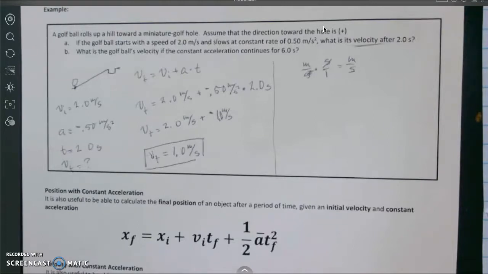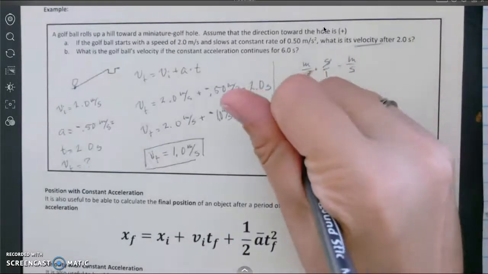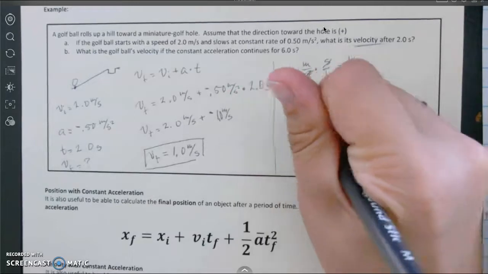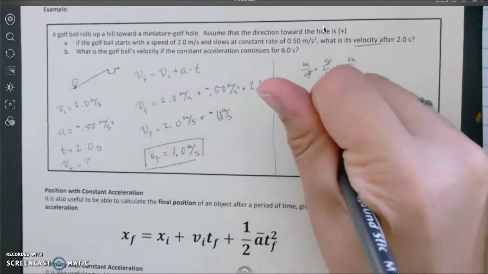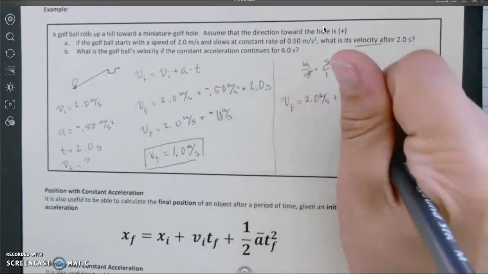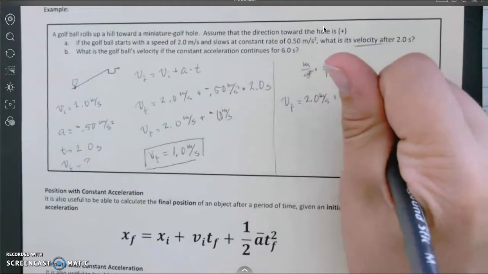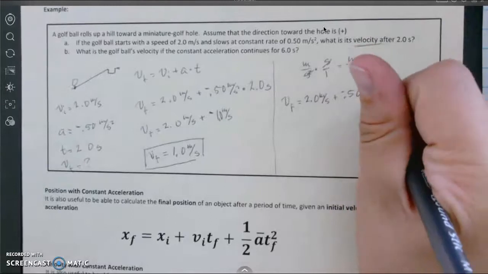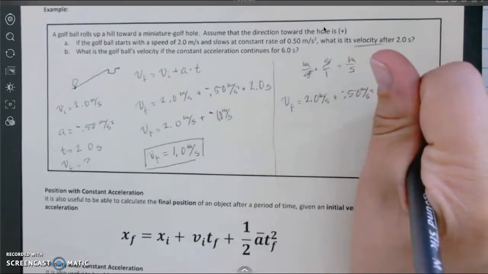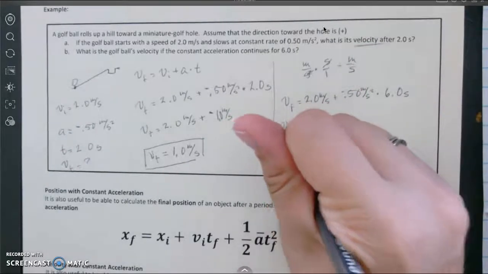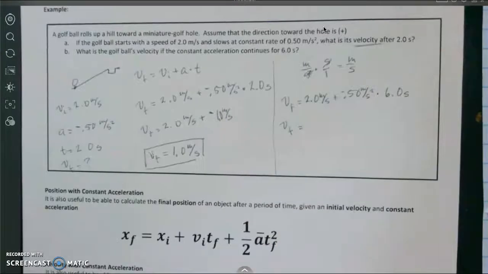So velocity final would equal my same initial plus my same acceleration, but now it's multiplied by 6 seconds instead of the 2 seconds.